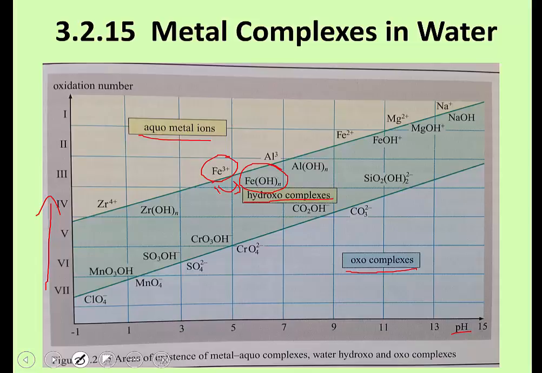But say I'm looking at the 3+ state or even the 2+, I can go from an aqueous species to something that will precipitate out just by shifting the pH. So if I'm at a pH of around 4, 4.5, I may have this iron in solution and I want to get the iron out of my water. Well, if I just change my pH slightly and bring it up here to about a 6, I can create this complex which can be precipitated out of solution.